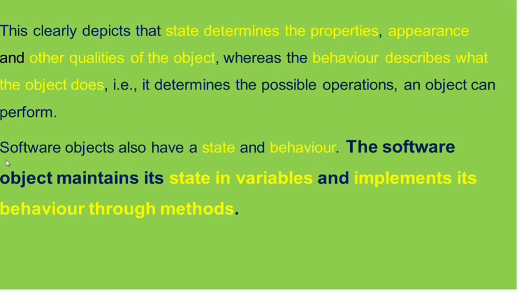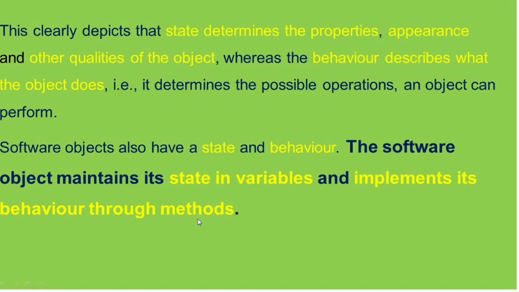So what I wanted to teach you through this small example of a bank account is that software objects also have attributes, their state and their behavior. And these software objects maintain their state in variables and implement their behavior through methods.